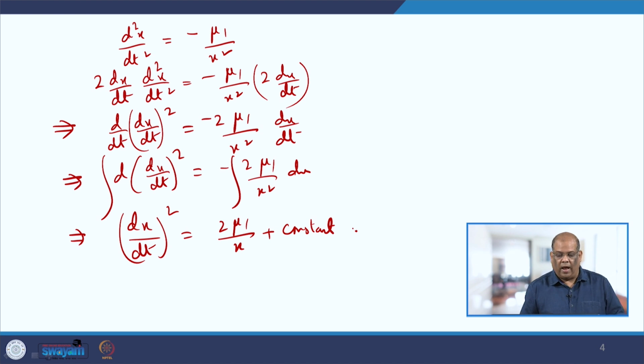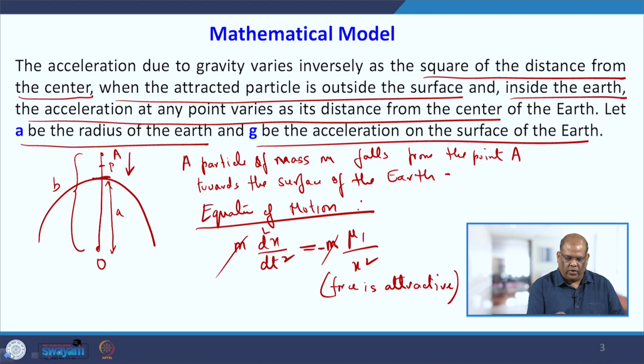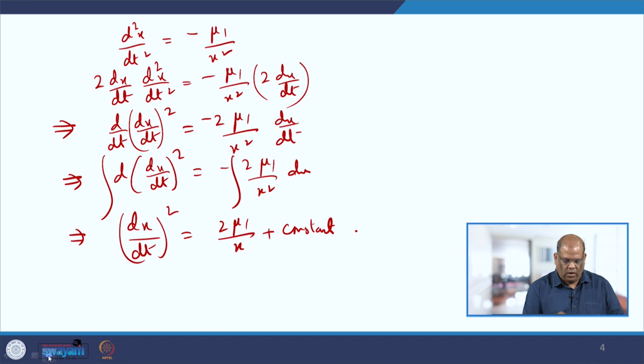Now, you have to find the value of this constant. If you notice, initially the particle is at the point A and it is falling freely from that point. So, the initial velocity is 0 and the distance is b from the center of the earth. So, at the point A the velocity is 0 and the distance is b. So, we put this information here: at time t equal to 0, dx/dt is equal to 0 and x is equal to b.